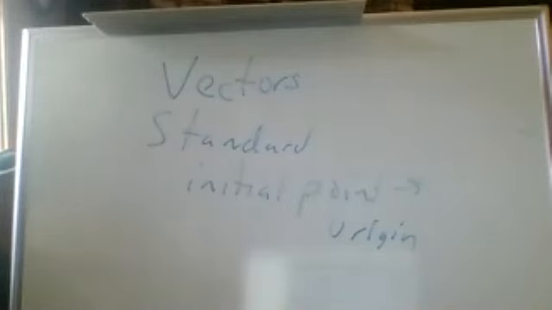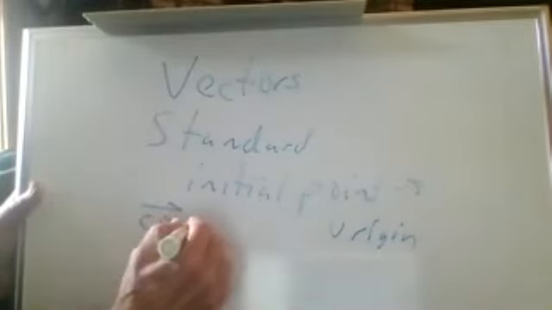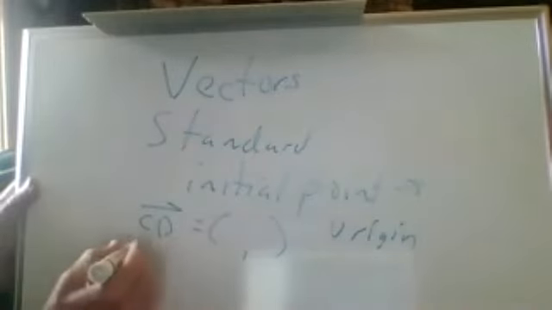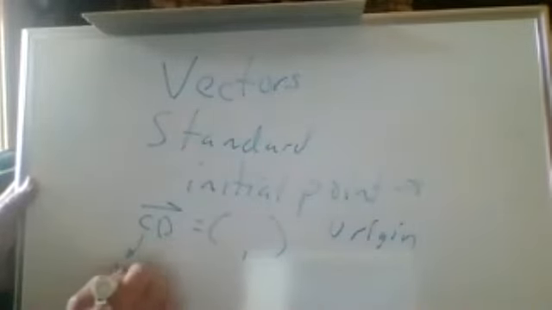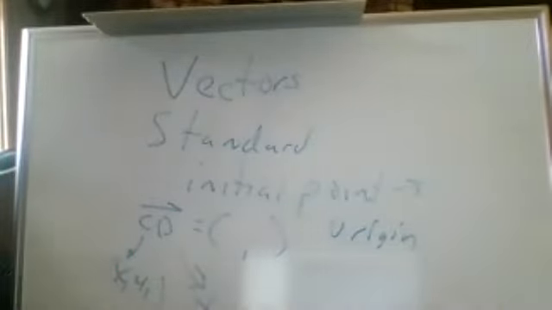We could also name a vector by using an ordered pair. So vector CD could be written as an ordered pair, with an x value and a y value. If point C has the coordinates x sub 1, y sub 1, and point D has the coordinates x sub 2, y sub 2, it's almost kind of a distance thing.